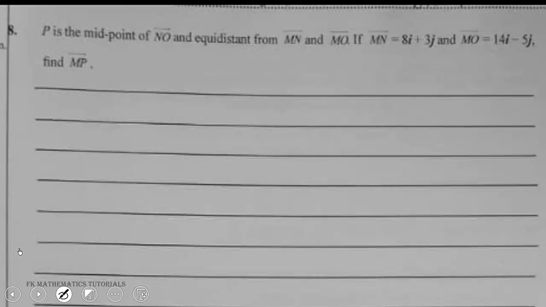P is the midpoint of vector NO and equidistant from vector MN and MO. So we can illustrate it this way. If this is N and this is O, then we have P being the midpoint of vector NO, so the magnitude of NP is equal to PO.